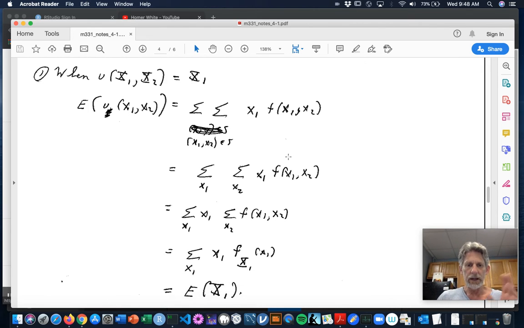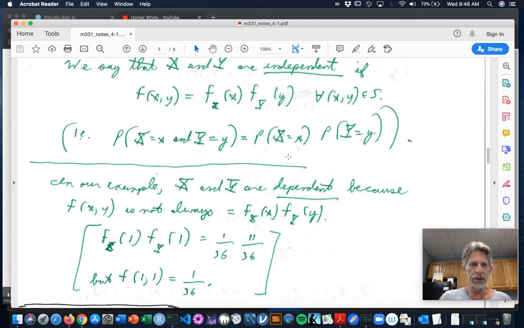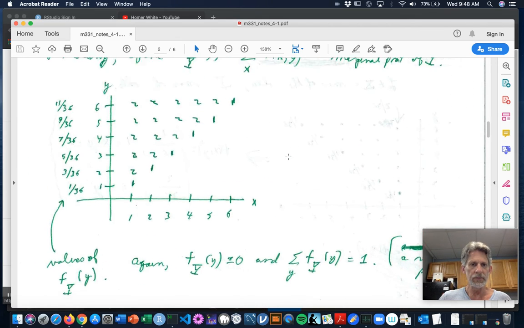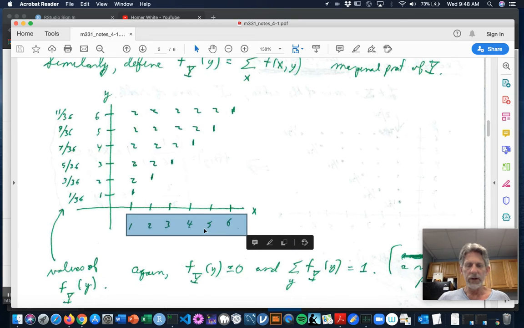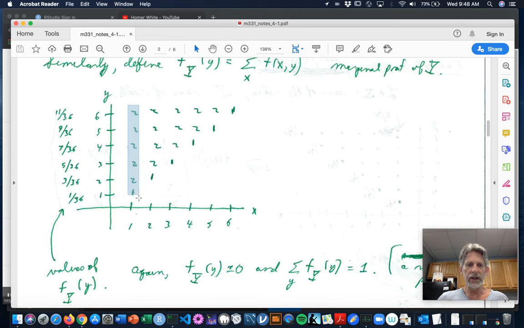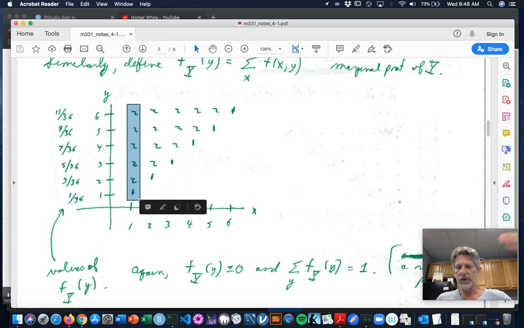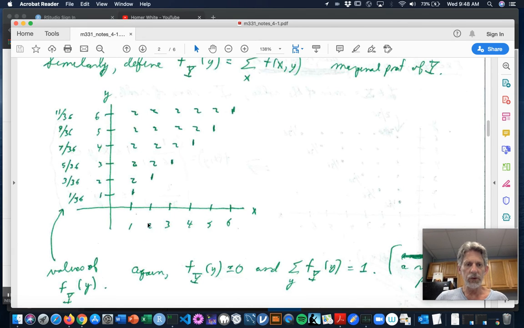Like I'll just pop up to the initial example again. If you let x vary from 1 to 6, when x is 1, you're going to be summing y from 1 to 6. When x is 2, you're going to be summing 2 to 6.